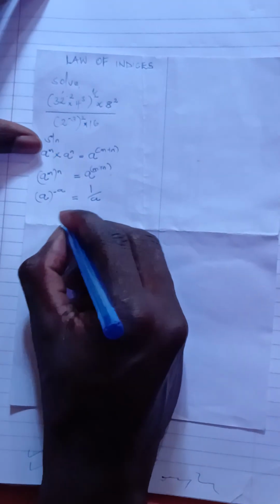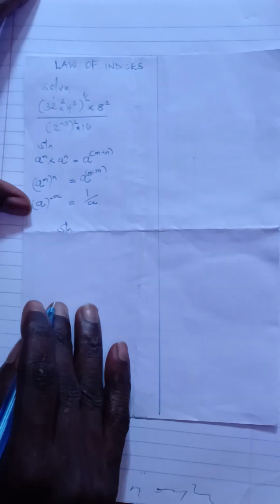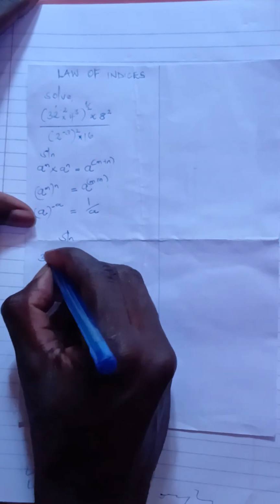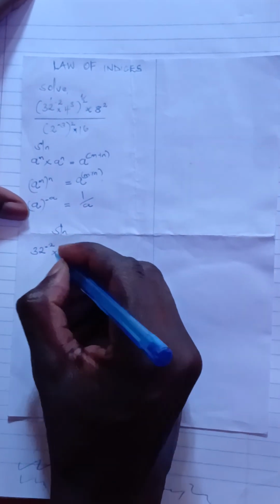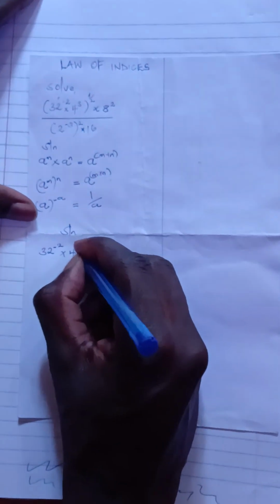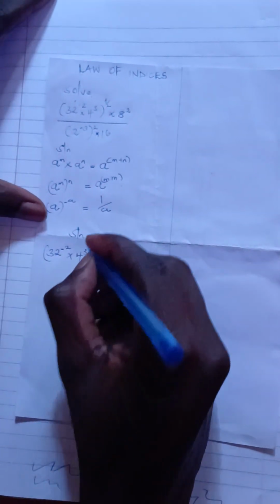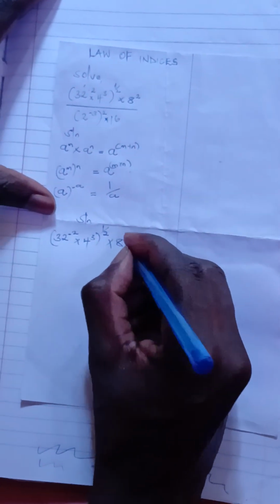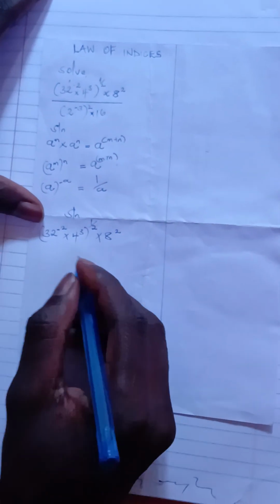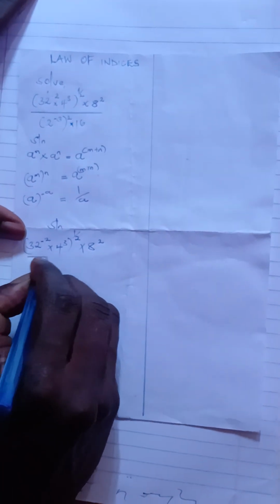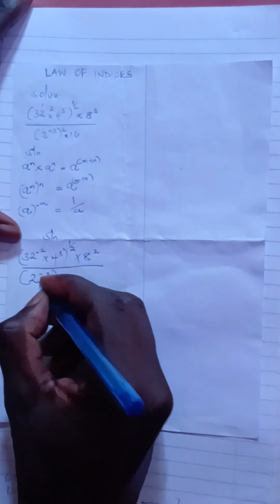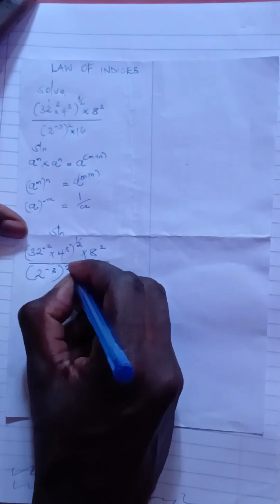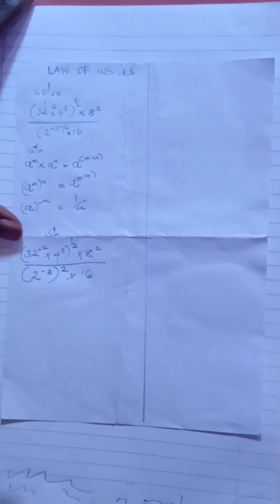So solution, we have 32 raised to negative 2 multiplied by 4 over 3, all this one in bracket, and then raised to a half multiplied by 8 raised to 2, and then all of this divided by 2 raised to negative 3, all of this raised to 2 multiplying 16.